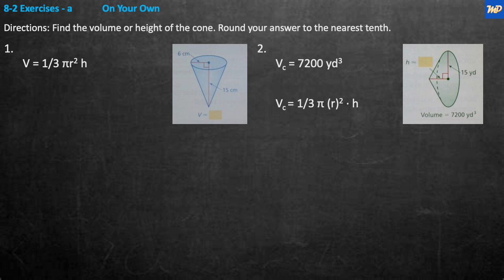On the other side here, we tell you that the volume of the cone is 7,200 yards cubed, or cubic yards, and that comes off of the picture. Then you're going to fill in the formula and work it from there. When you get back, we'll look at it with the solution. Okay? So there you can go ahead and do that.